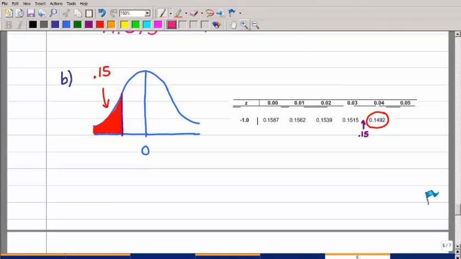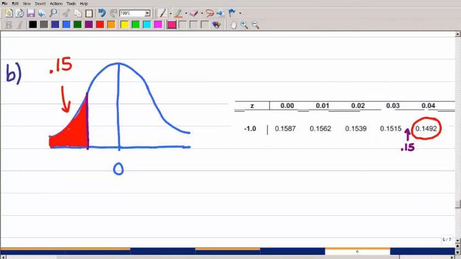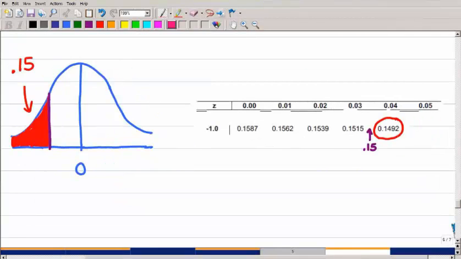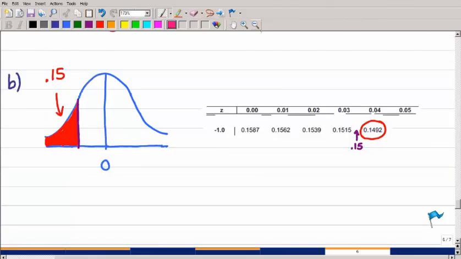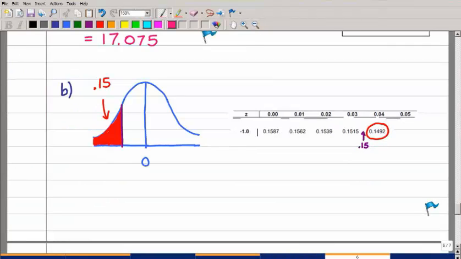So once again, from the chart, as you can see, I've got the two values kind of pinpointed there. 0.15 is between 1515 and 1492. It's closer to 1492. So then we're going to say P of 15%, and it's on the negative 1.0 row, 0.04 column, so it would be negative 1.04.